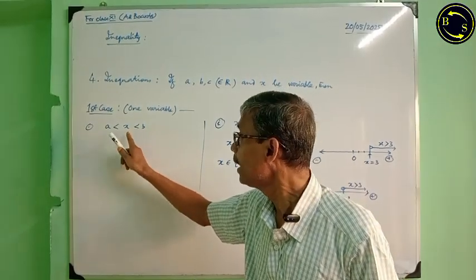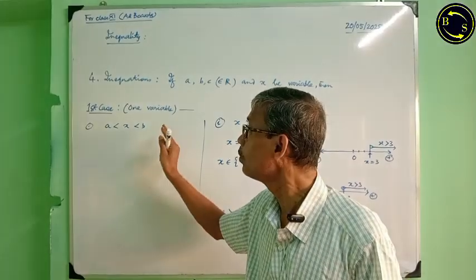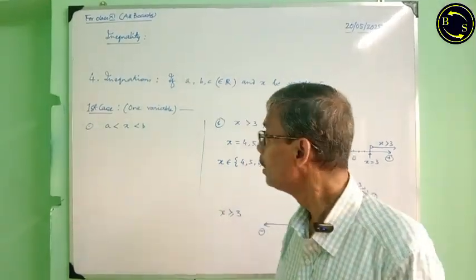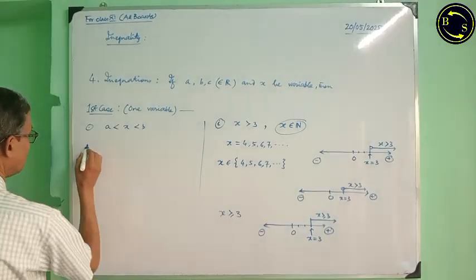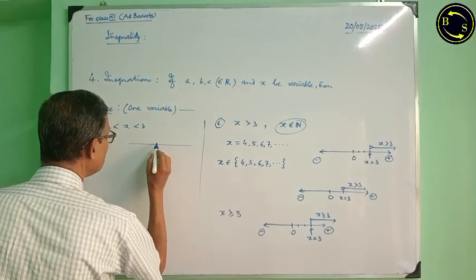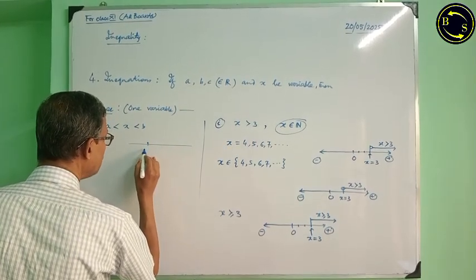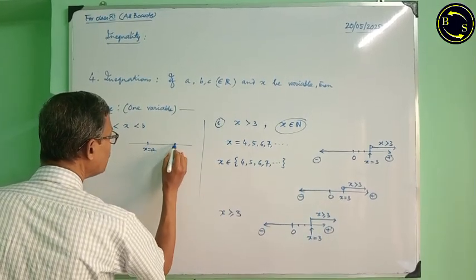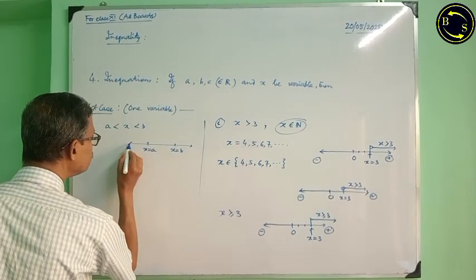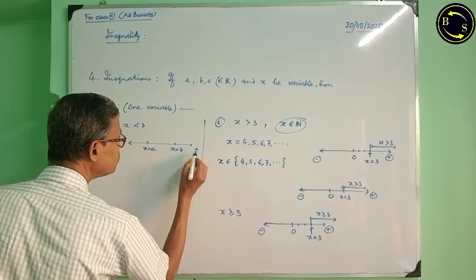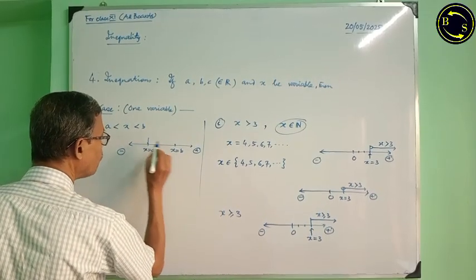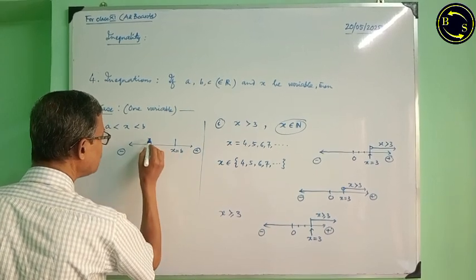Values of x will not be a or b, but in between a and b. And it is represented by, say, this one is x equal to a, this one is x equal to b, on the number line.